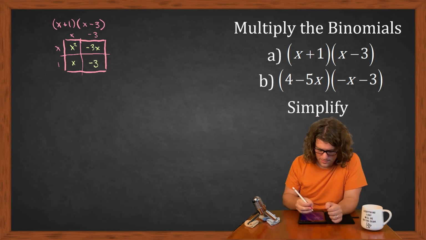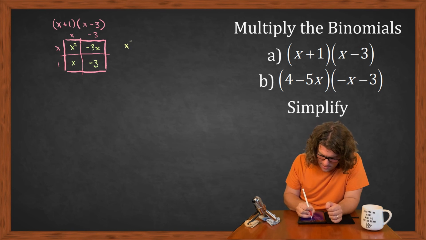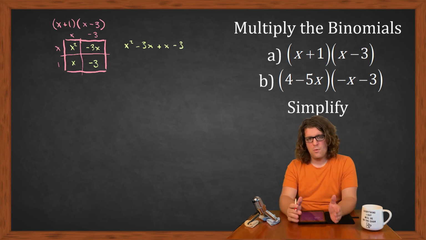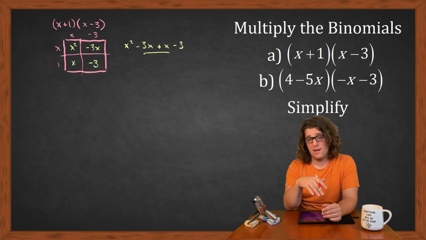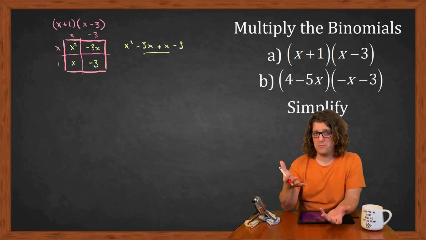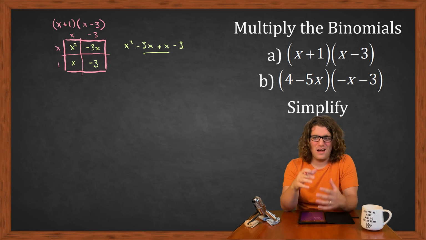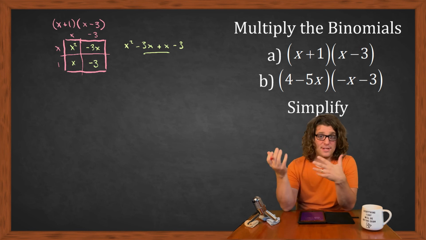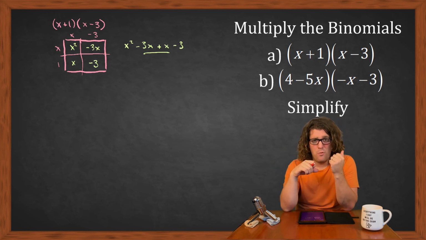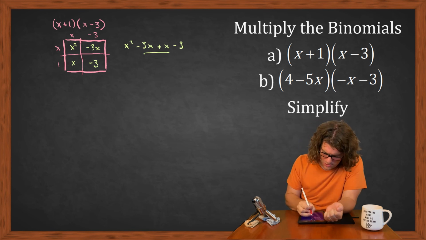We're going to, as we did last time, add together all of the individual pieces that we just created. When we do that, we have 2 in the middle that are like terms, so they're the same type of flavor, and we can put them together because they're apples and apples, if you wish. So I only have one term that's x squared, and so there's only one of those.